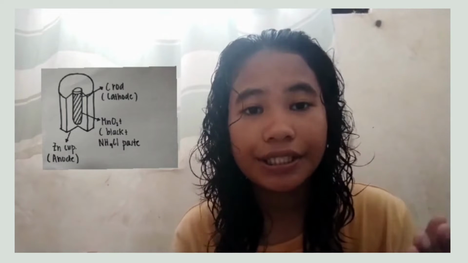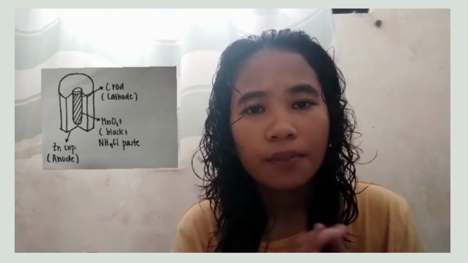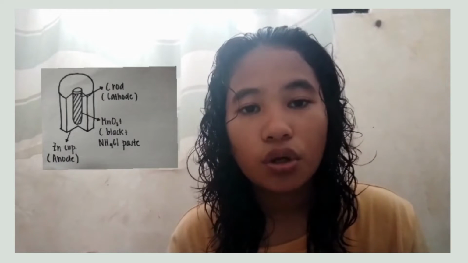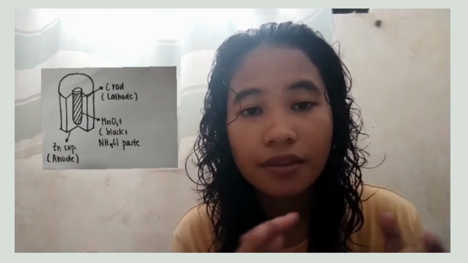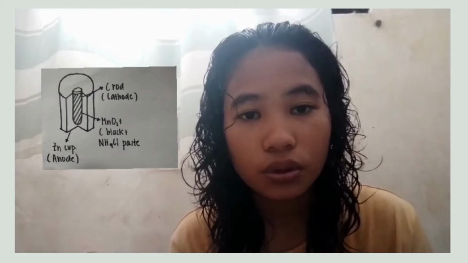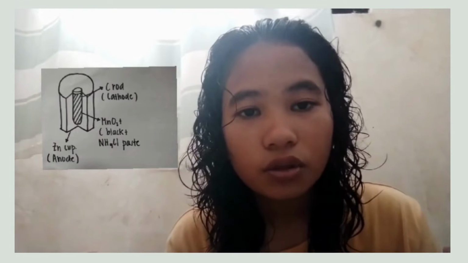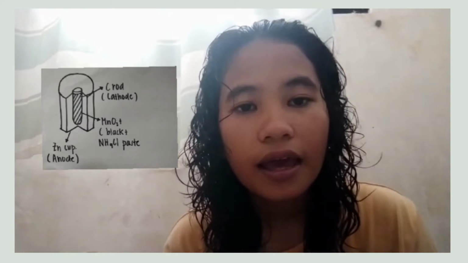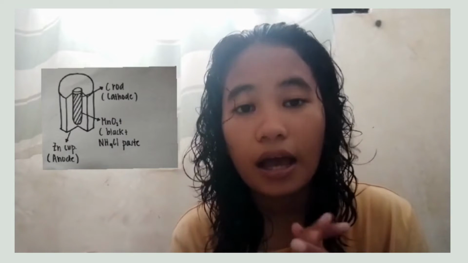But the reaction here is the opposite, because the chemical reaction is taking place and it results in the generation of electrons; the electrons are generated inside the cell and they leave from the anode, and enter the cathode.